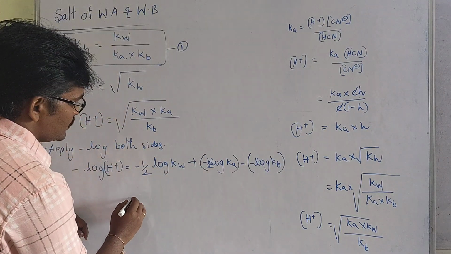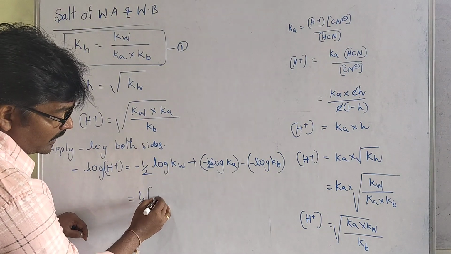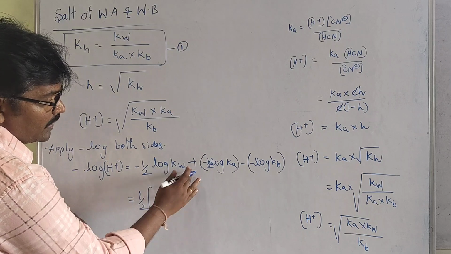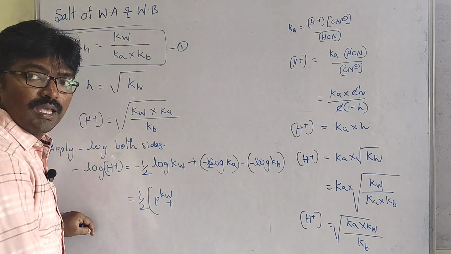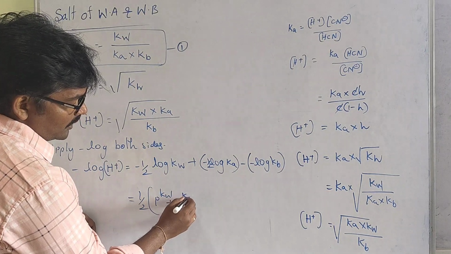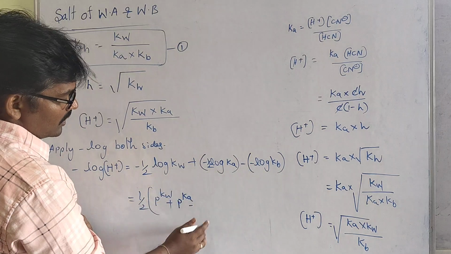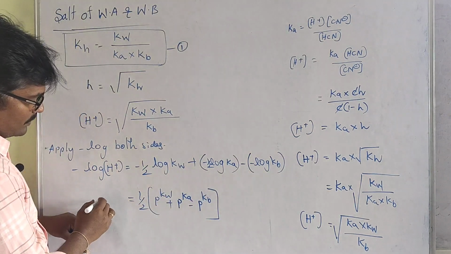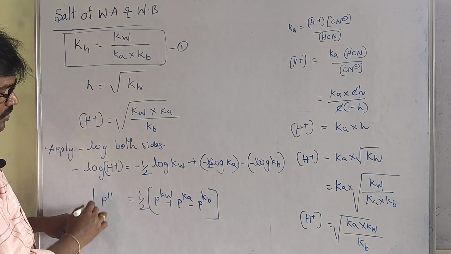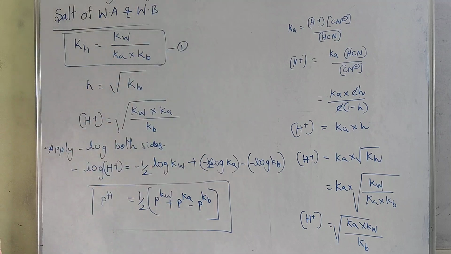Clear? Right. So take 1 by 2 as common: minus log Kw is pKw, plus minus log Ka is pKa, minus minus log Kb is pKb. This is the formula to calculate pH of a weak acid and weak base salt.